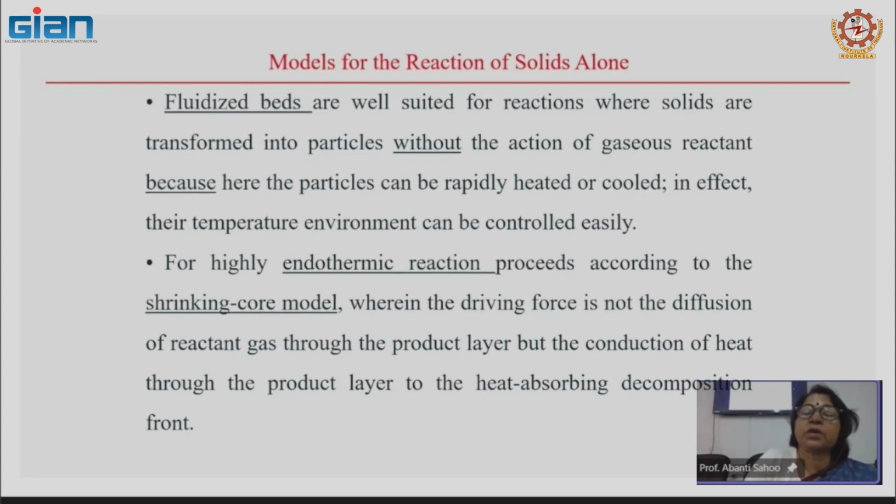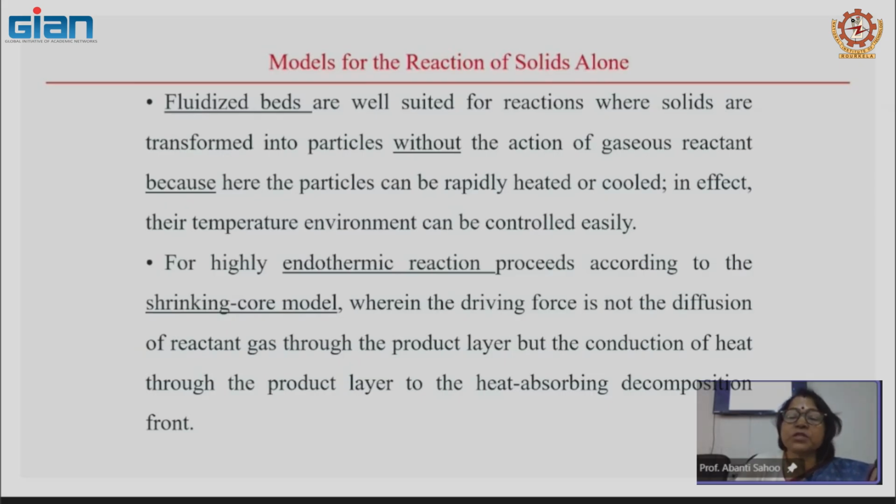Particles can be rapidly heated and cooled, and this is the advantage of the fluidized bed reactor or fluidization technology, where uniform heating, uniform cooling and uniform mixing occur. So, in effect the temperature environment can also be controlled easily in fluidized bed reactors. Also, if a highly endothermic reaction is occurring according to the shrinking core model, the driving force is not the diffusion of the reactants through the product layer, but heat, that is, reaction rate is controlling.